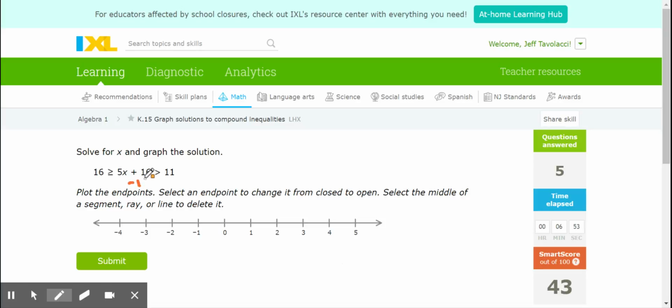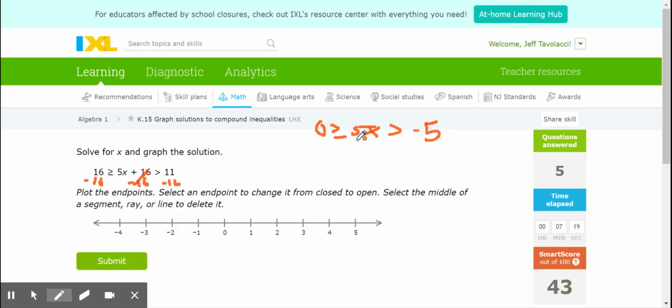Okay, I'm going to go ahead and just subtract 16 from each section. That's going to give me 0 is greater than or equal to, that cancels, 5x, which is greater than 11 minus 16, which is negative 5.